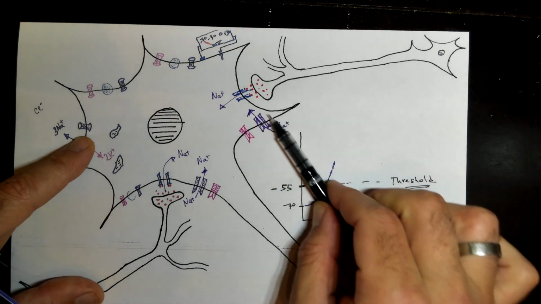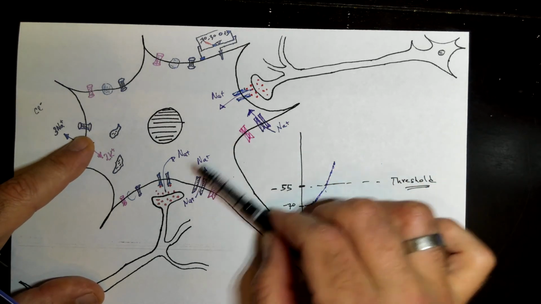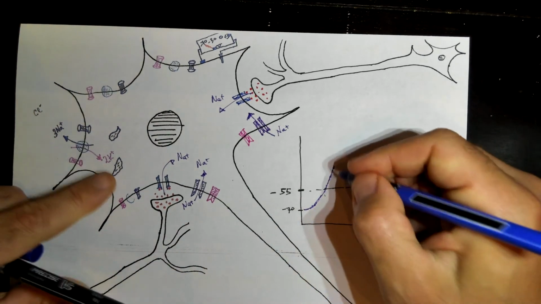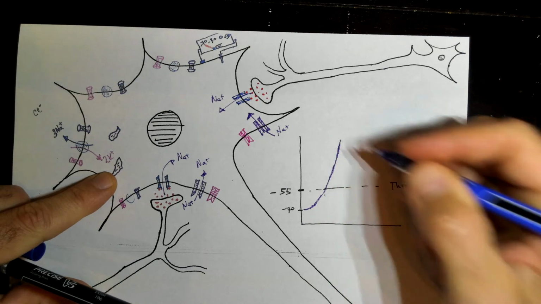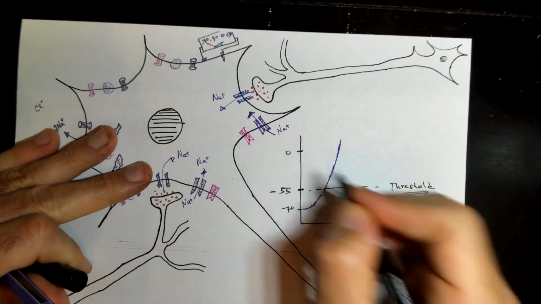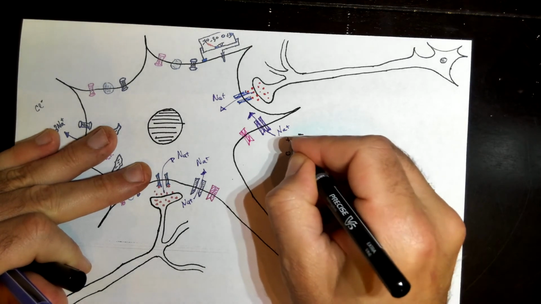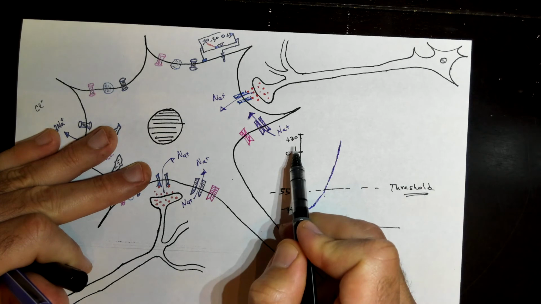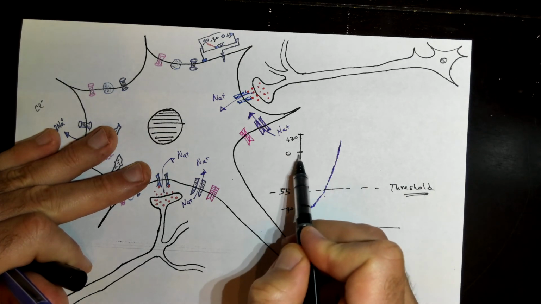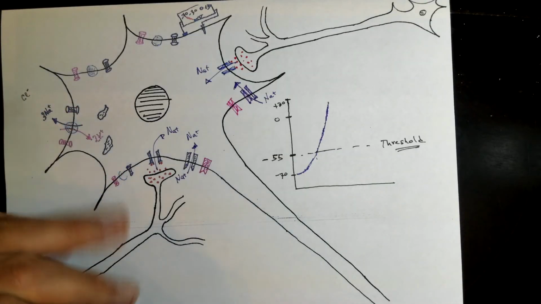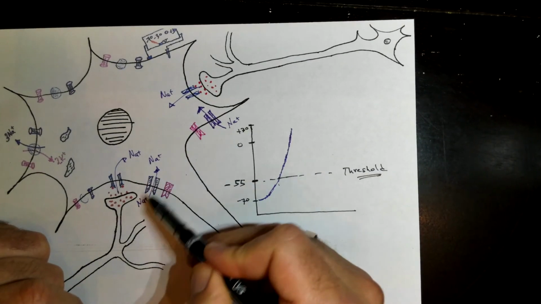And so you can imagine many more voltage-gated channels opening, and that would cause this depolarization to be much more powerful, reaching not only zero, but actually going past it to plus 30. Because it goes past that zero. It goes so fast it can't really stop right there. So it goes to plus 30. And that's what's being depicted here.